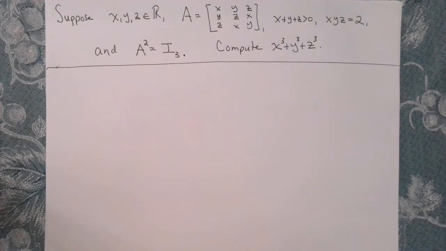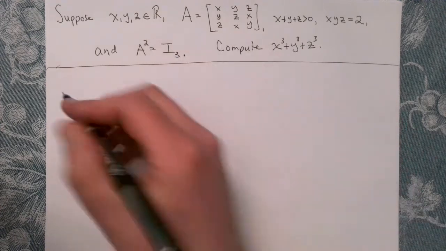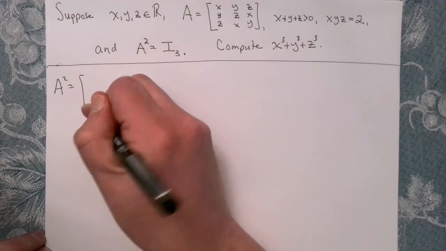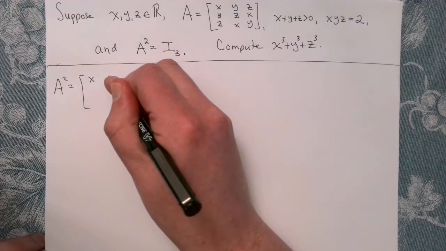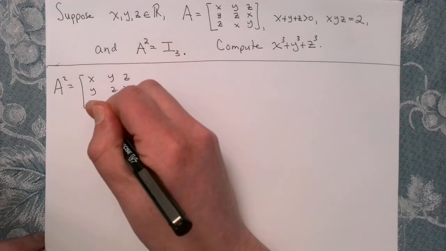So I think our first plan of attack is to investigate this, or at least a portion of this. So let's look at A squared. Of course that means A times itself, but as I mentioned, we're just going to look at a portion of that.